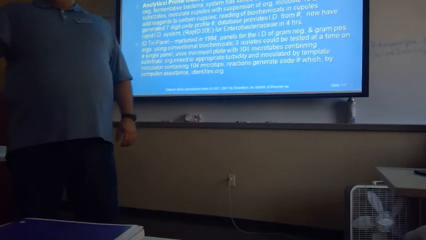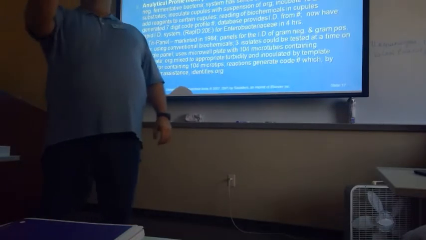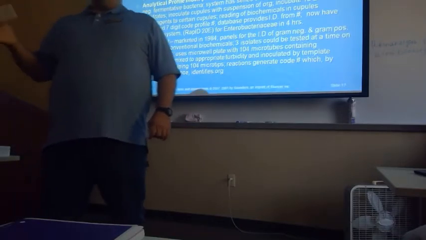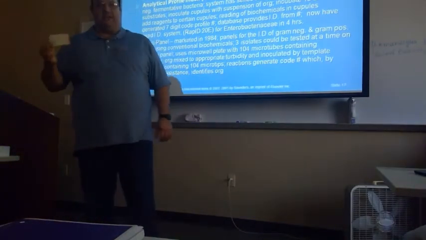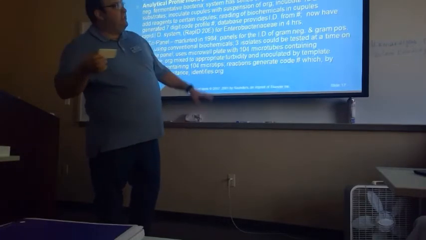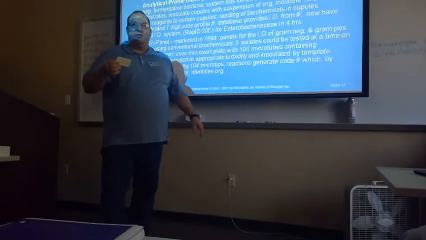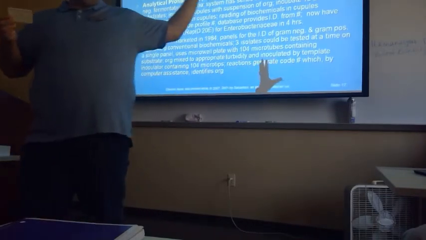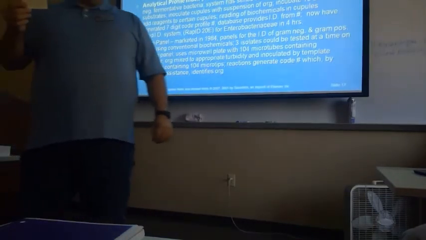And each one of these is, how many tests? 50? So it's so much more compact, so much faster, so much easier. And that's why we've gone to the automated method. But the reason you still need to know most of this is because these automated methods are still using the same exact test. They're just not in tubes anymore.